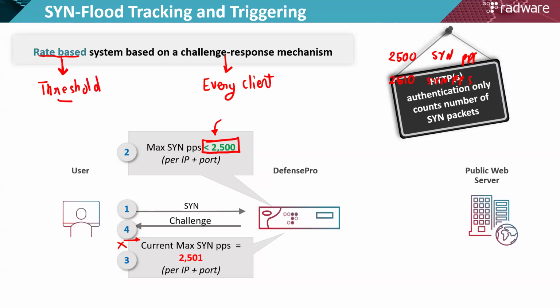Then in that case, we will not establish a three-way handshake between the user and the public server. We will not establish a backend connection, and we will simply drop the packets. So first of all, we need to set a threshold stating how many SYN packets we are okay with. And if that threshold is breached, then we will start challenging the clients.